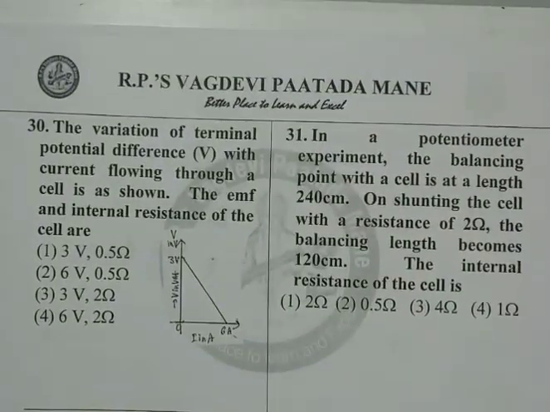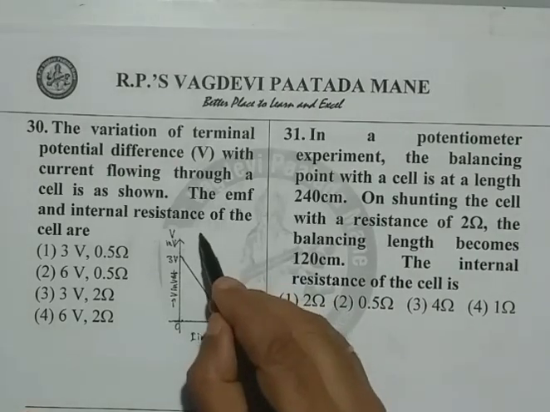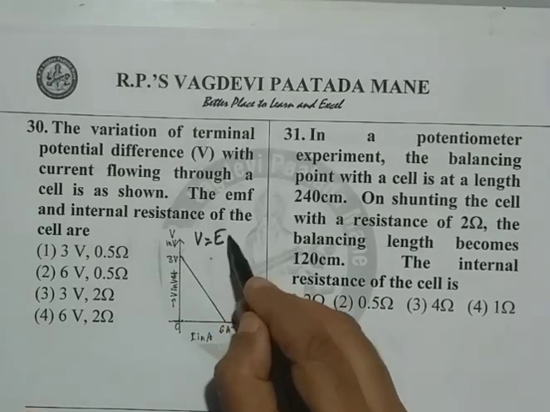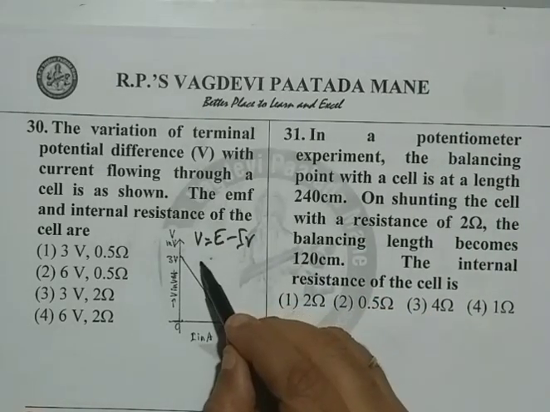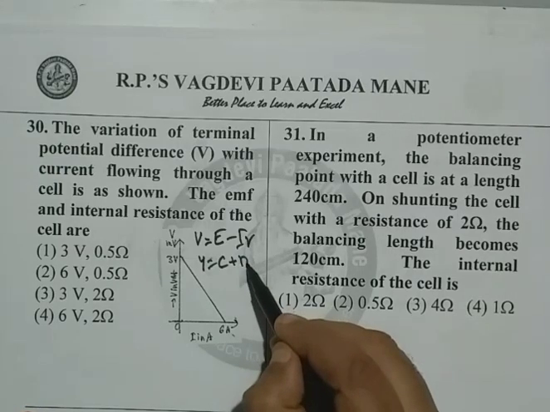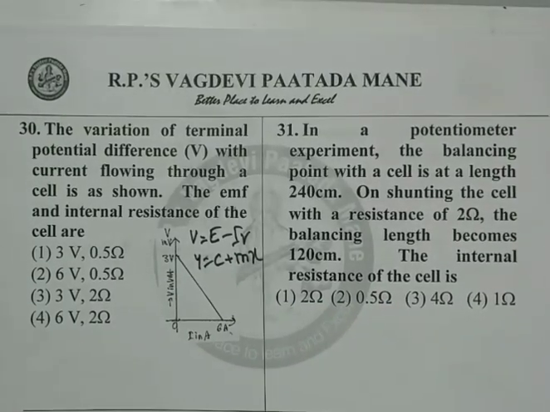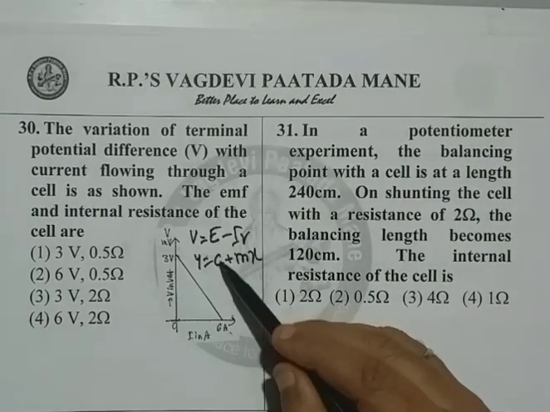Now the variation of terminal potential difference V with current flowing through a cell is as shown. The EMF and internal resistance of the cell are? This is just a graph drawn with this formula, V equals E minus Ir, or we can write it as Y equals C plus mx form, where x is I, m is slope, E is intercept.